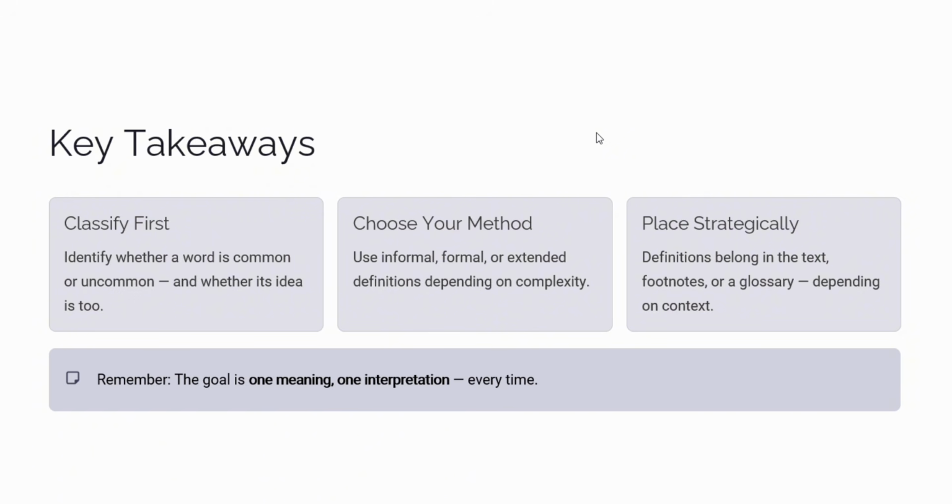Then the idea that you are talking about, is it a common idea or an uncommon idea? You should be able to note that. So ensure you classify first. Then, after classifying, what are you going to do? Choose your method.